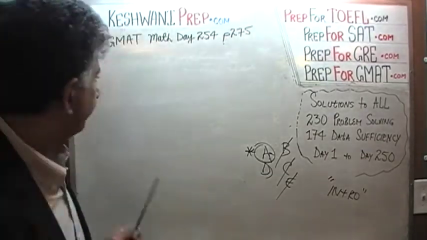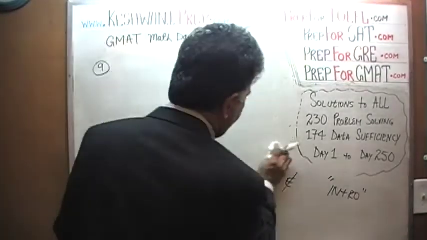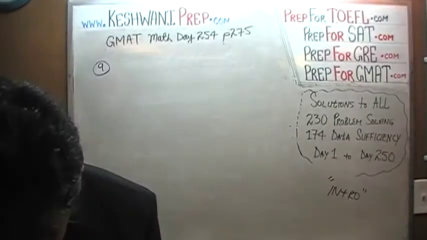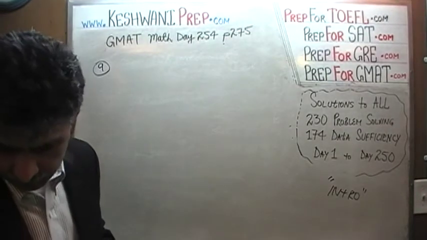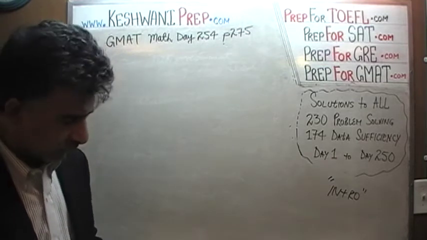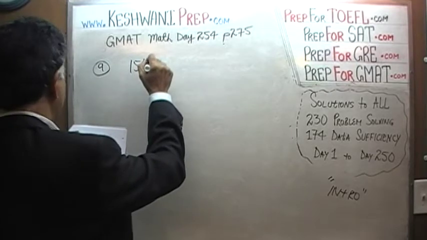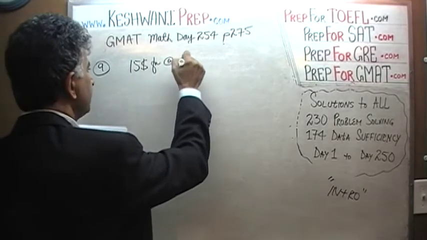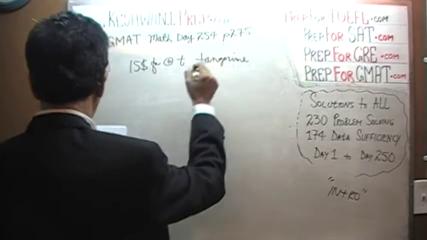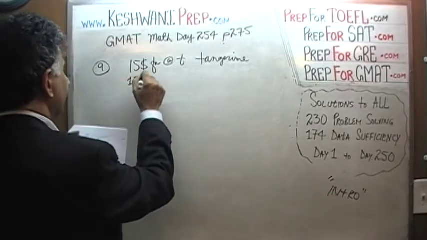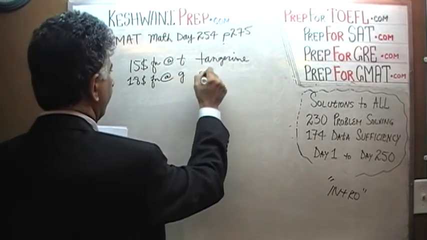Question number 9. It says that a citrus fruit grower is getting $15 for each tangerine, and he gets $18 for each grapefruit.